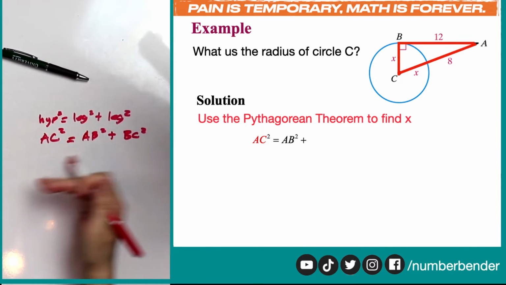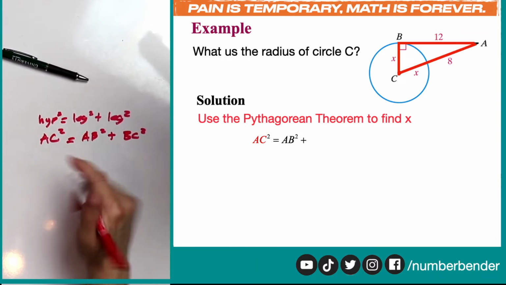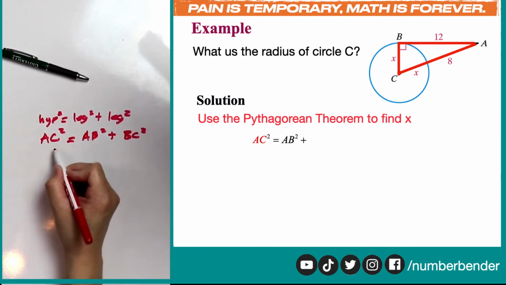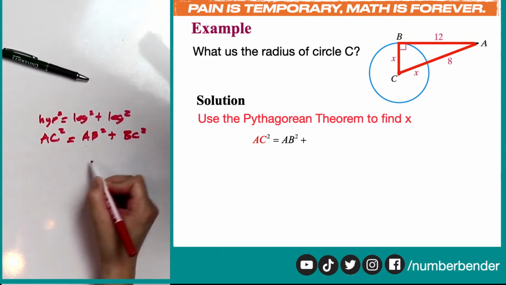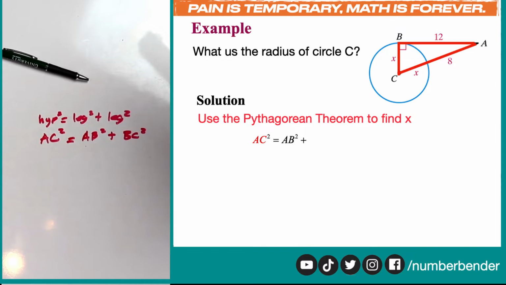So now that we have formulated our Pythagorean theorem in relation to our circle and triangle, all we need to do is write out the values of each of these line segments. For line segment AC, we know that AC is connected with a segment of 8 units and x.